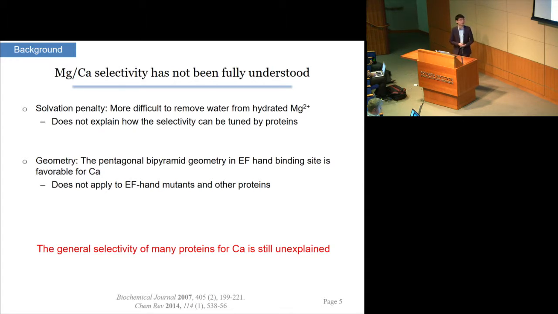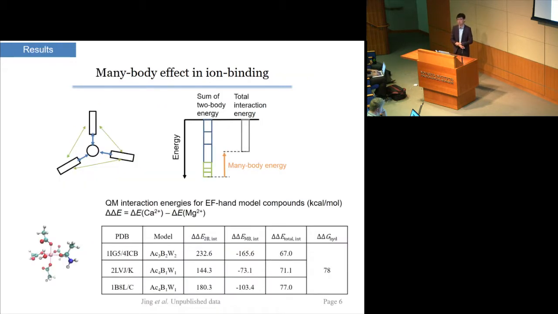But this argument is not universal because there are also proteins without this geometry that can also favor calcium. So the mechanism for the selectivity of calcium is still unclear. We propose that this calcium selectivity is due to the many-body effect.